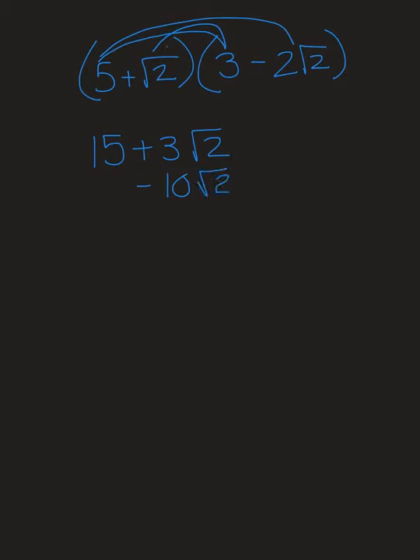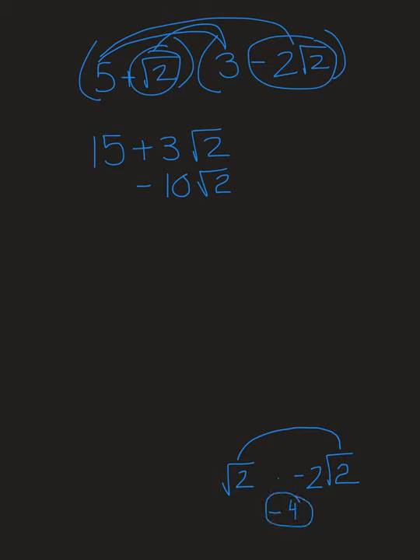And now I take the root 2 and the negative 2 root 2, and I'm going to do this down at the very bottom. If I took the square root of 2 and multiplied it by negative 2 root 2, well, these two together is basically going to be the square root of 4. So this ends up being worth negative 4 down here.